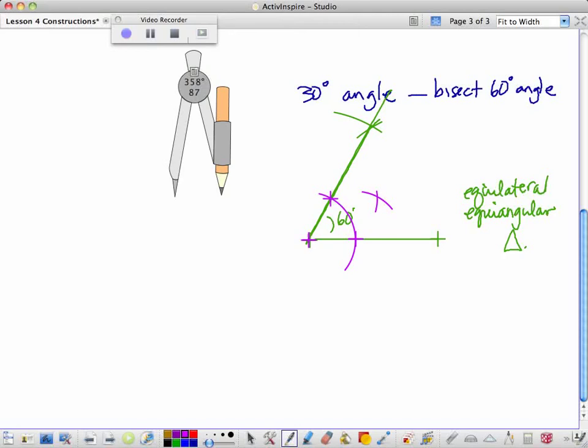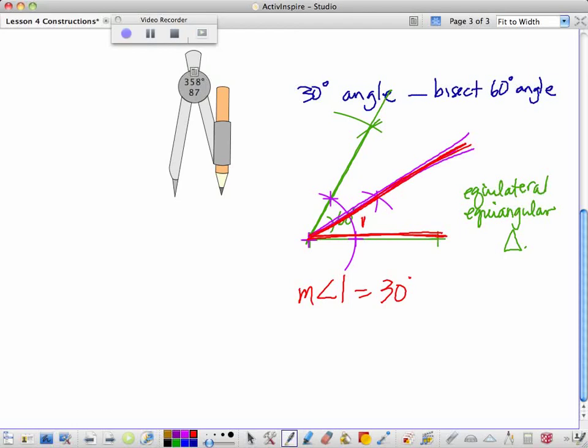Sorry, it's hard to do with the board because my board's a little off. There I have it. If I emphasize, then I have this angle right here, my red angle. I'll call that angle 1. The measure of angle 1 is 30 degrees. How do I know that? Because I bisected a 60-degree angle.